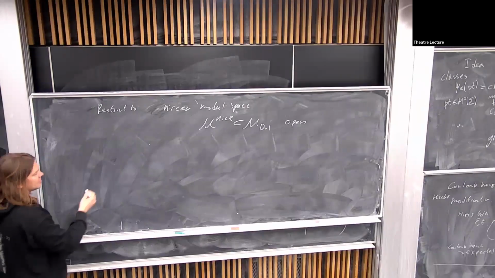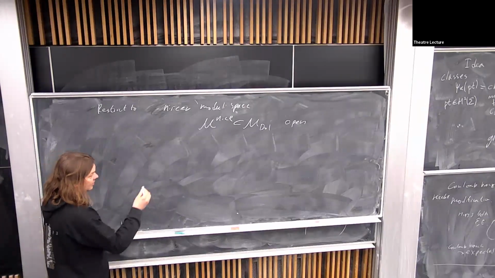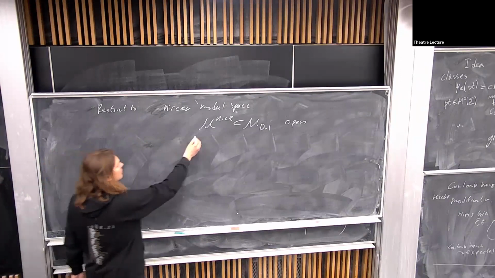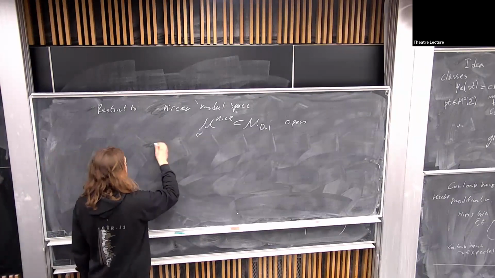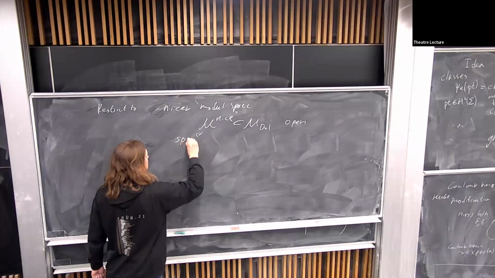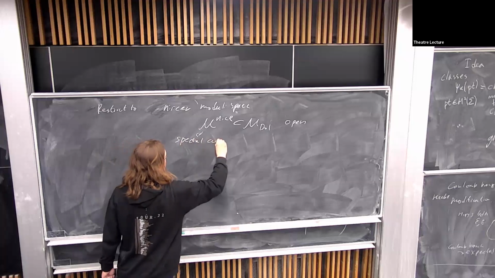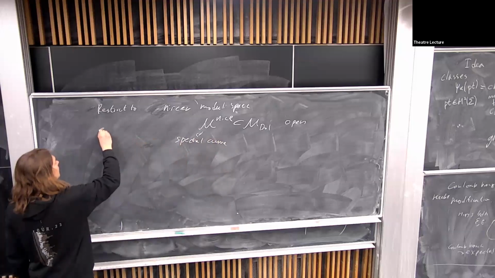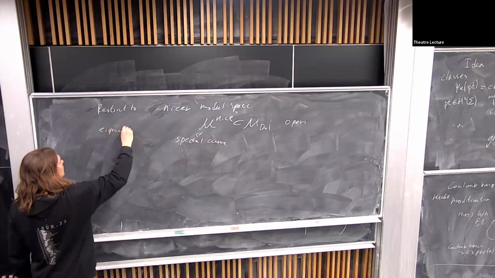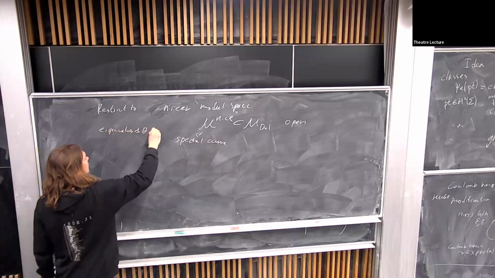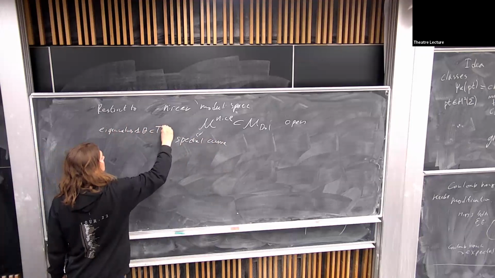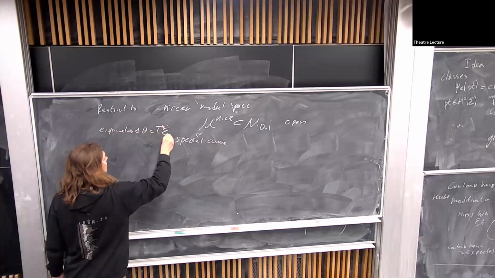And this nice moduli space corresponds to the condition. There is a spectral curve given by the eigenvalues of theta inside the twisted cotangent bundle.